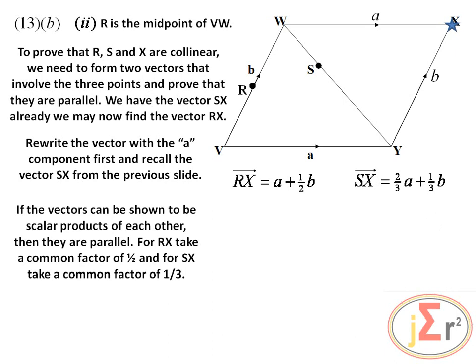So for RX, let us take a common factor of a half, and for SX, 1/3 is our common factor.